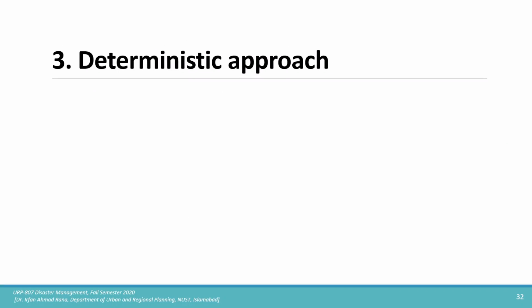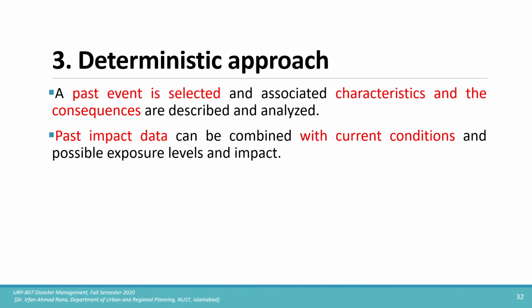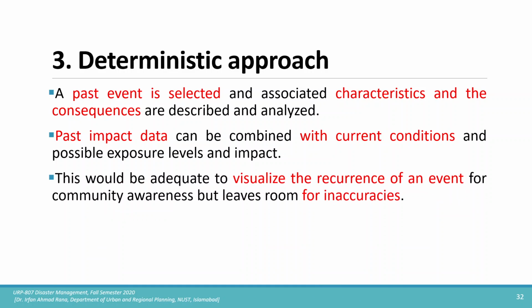The other one is deterministic versus probabilistic approach. In the deterministic approach, we know that a past event has happened and it has impacted a particular area, and this sort of consequences were faced by that society. Then we can extrapolate that data, overlay it with the current conditions, and assess what sort of impacts it will have.